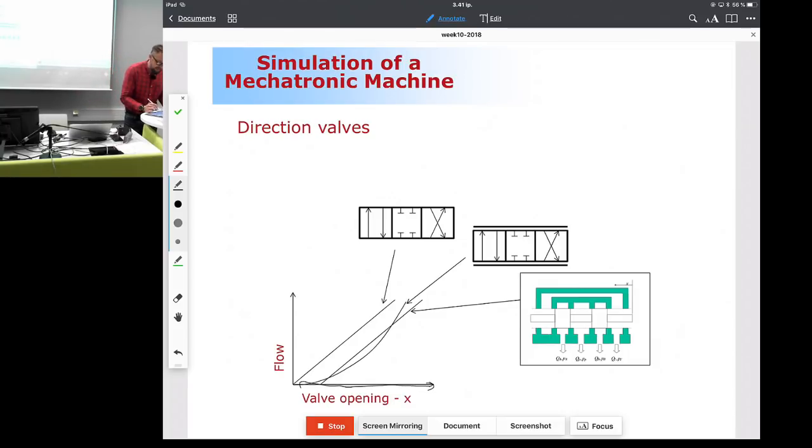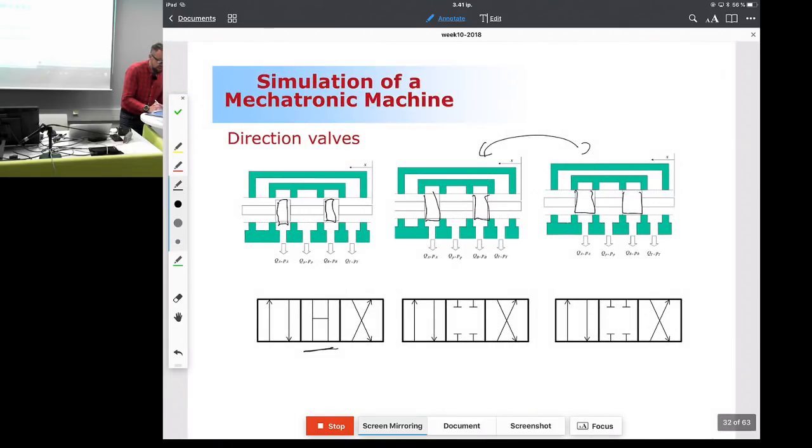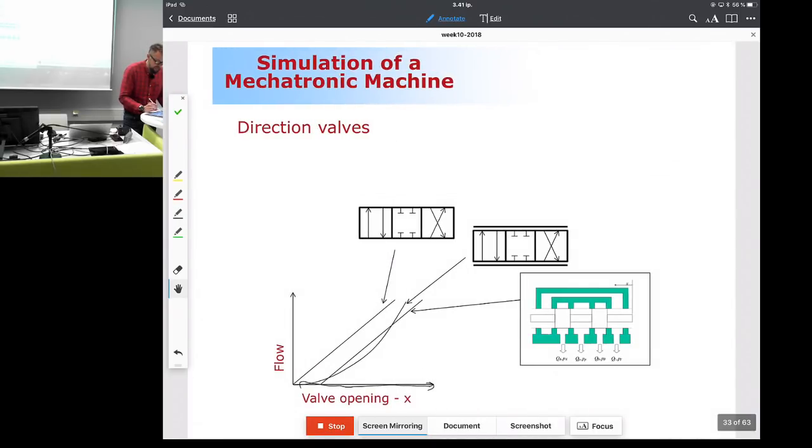When I have this land shown in the previous slide, let me give titles for this. So let's call this A, and let's call this B. And let's go to the next slide here. I have this relation, which in the first scenario is a linear relation, and at zero valve opening, the flow is zero.